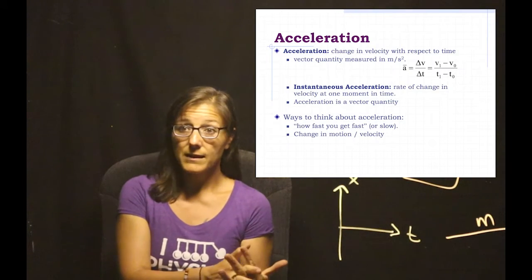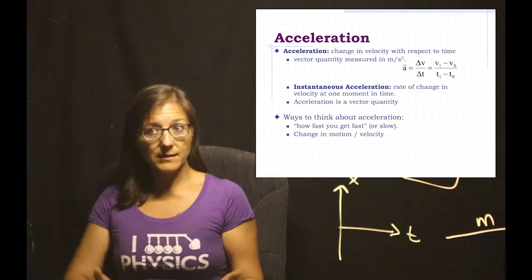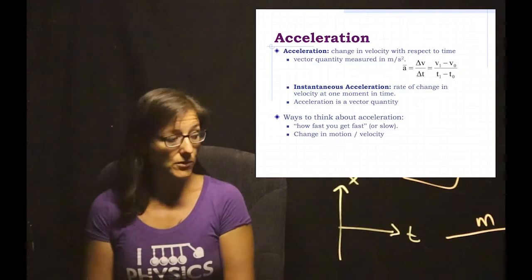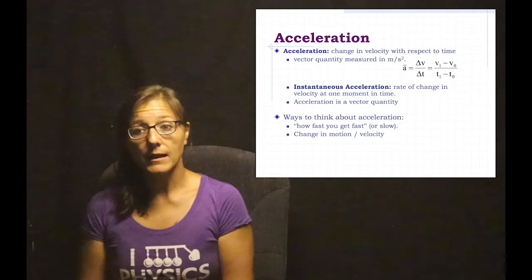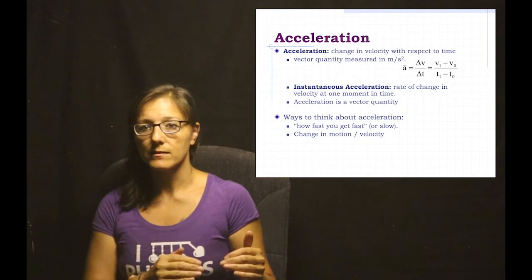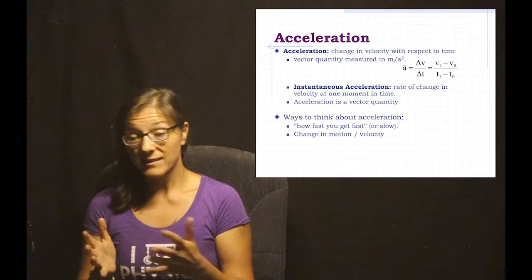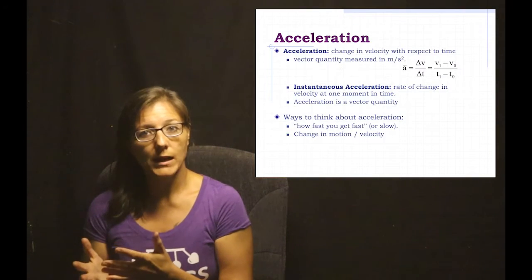If velocity is a vector and acceleration is a rate of change in velocity, then acceleration is also going to be a vector. One of the ways that I like to think about acceleration is in terms of how fast you get fast. It is a rate of change in velocity. So it's how fast you get fast or how fast you get slow.